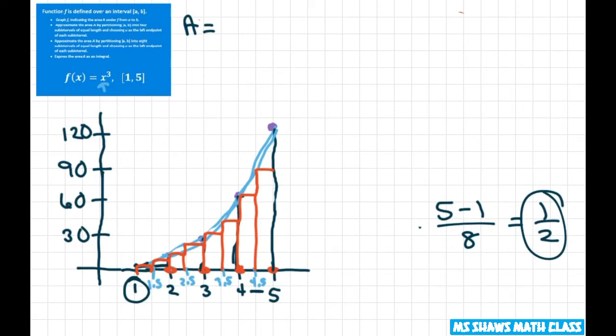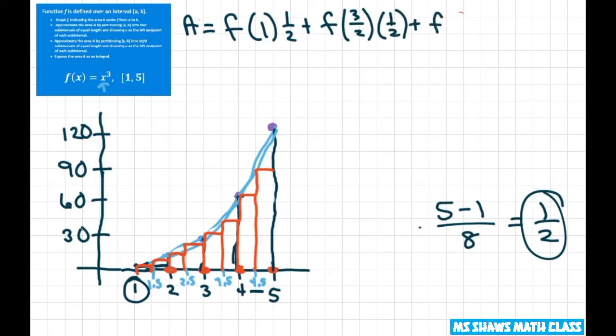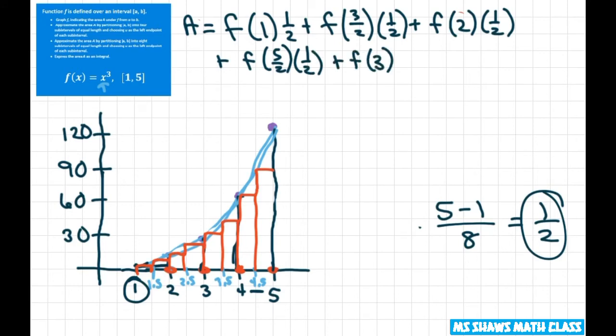So this is going to be f of 1 times 1/2 plus f of 3/2 times 1/2 plus f of 2 times 1/2 plus f of 5/2 times 1/2 plus f of 3 times 1/2.